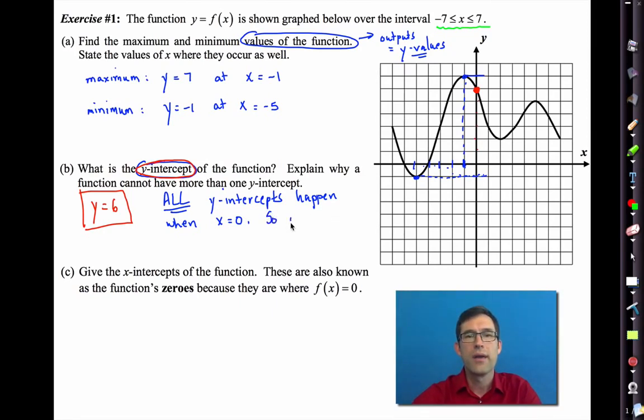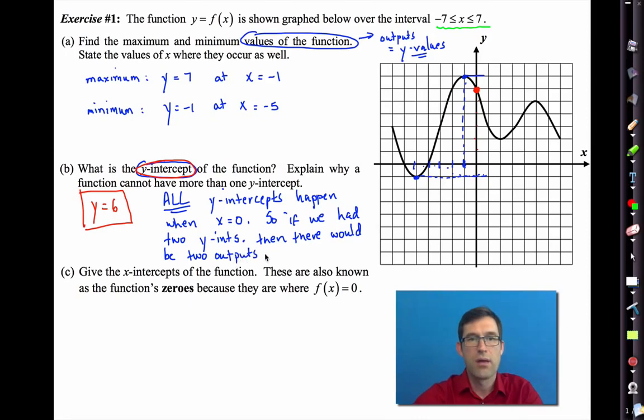So if we had two y-intercepts, then there would be two outputs for an input of x equals 0.